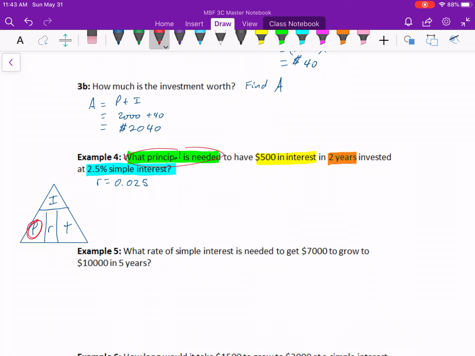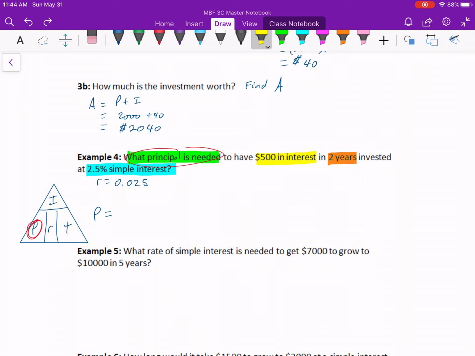So if I take what's left and make it into an equation, look at the way the triangle looks. I'll rewrite the P, and what I've got here is I on top of RT.